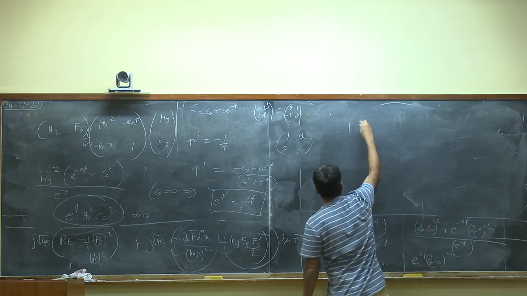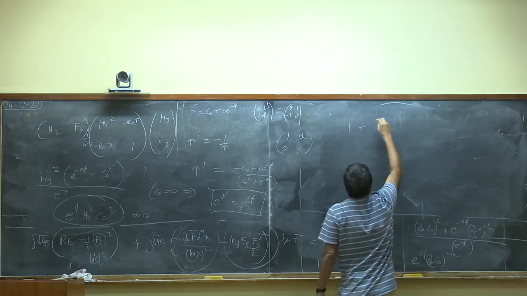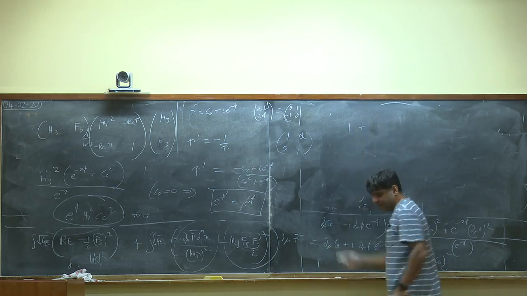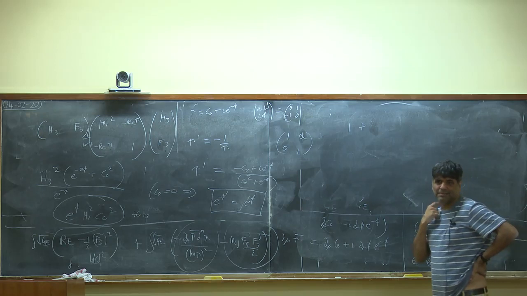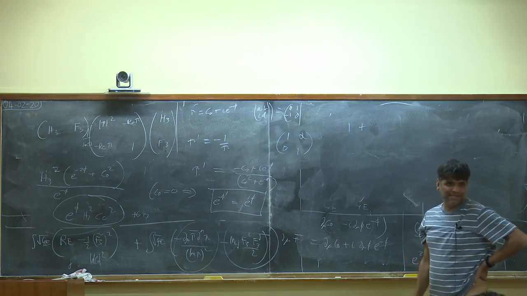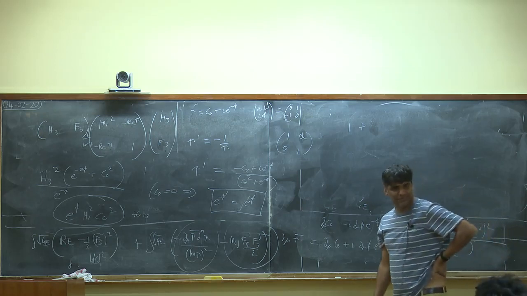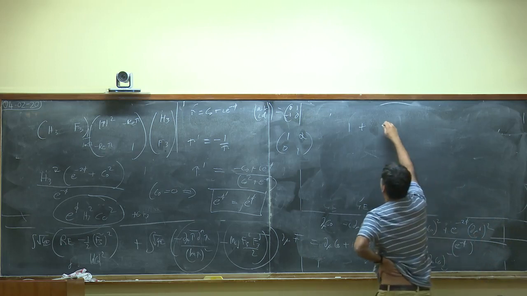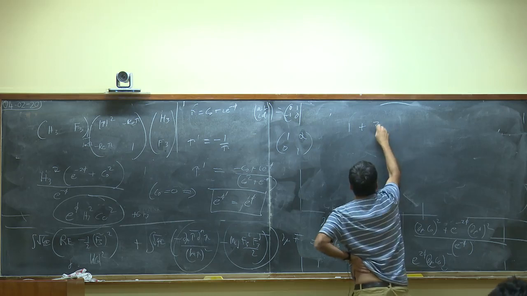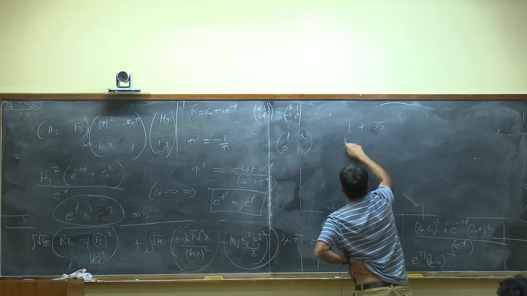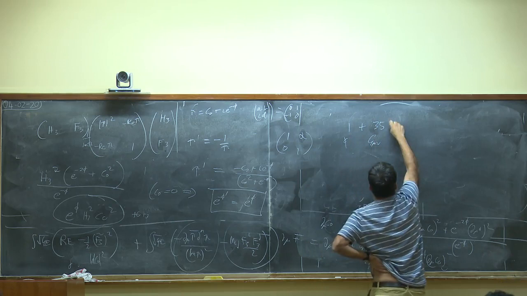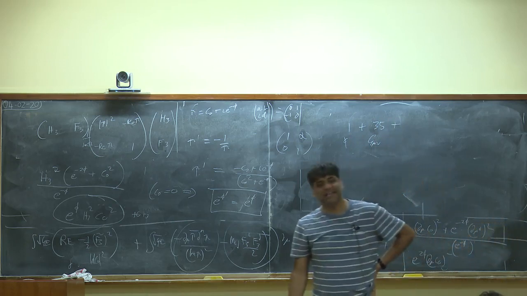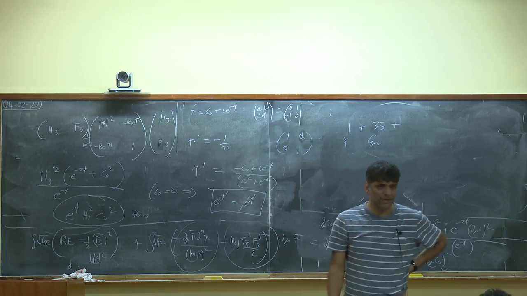In the NS sector, that's 1, that's phi, plus, what is it, 45? Now let's see. It's 8 times 9 by 2 minus 1. That's 45? 35. Thank you, 35. That's G mu nu, and B mu nu, which is 8 times 7 by 2, is 4 times 7, 28.